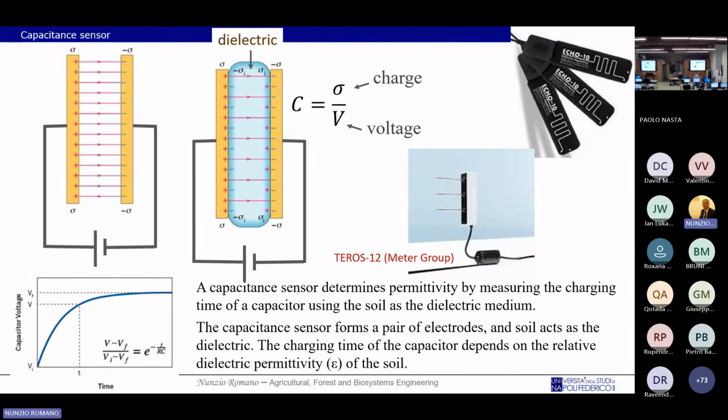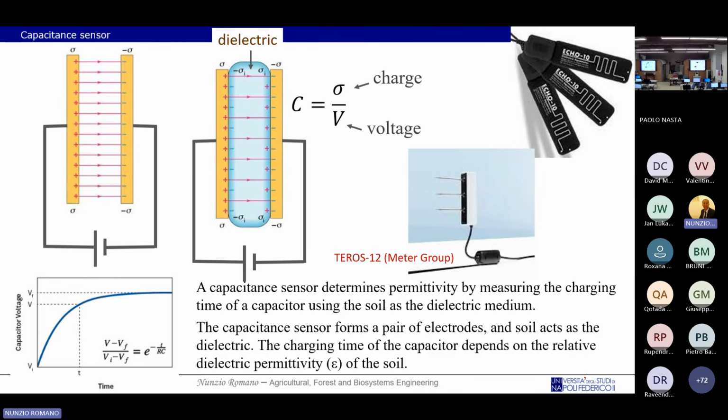Again, I like the electrical things very much. This is why I want to bore you a little bit more on the functioning of the capacitance sensors. And again, you see on your left the classic capacitor that you can find somewhere.